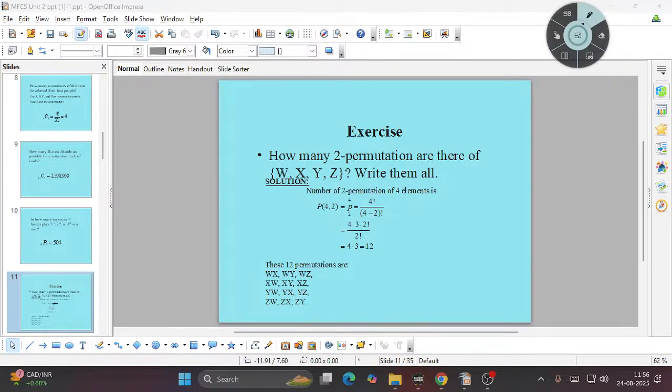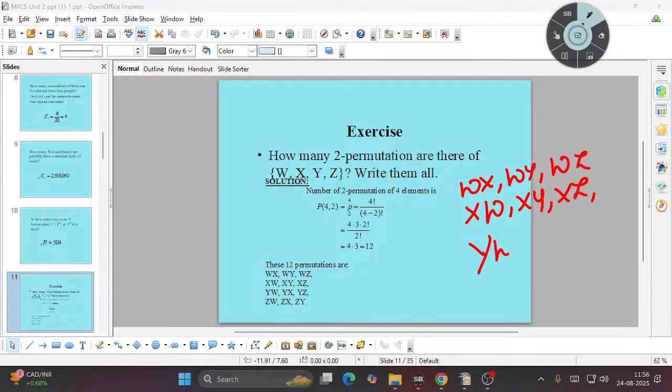So how many are there? Wx, Wy, Wz. Xw, Xy, Xz. Yw, Yx, Yz. Zw, Zx, Zy. Now it is a 4-letter word with 2 combinations.